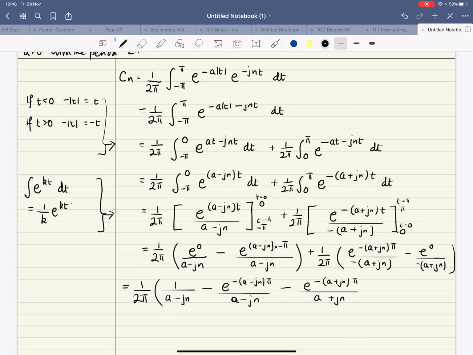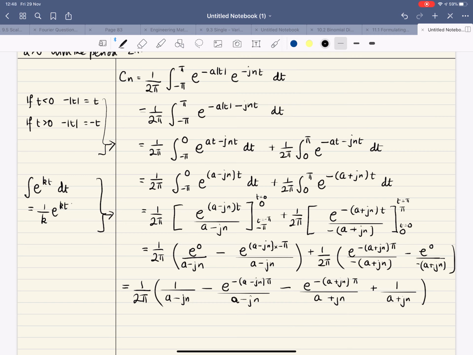That there, that's an a. And then this next one, got a minus there, which will cancel with that minus there to make a plus. So it's going to be plus 1 over a plus jn, like so.